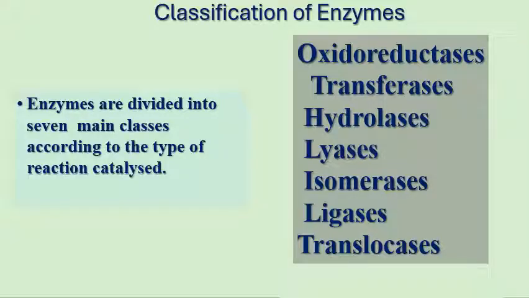But our focus, like I said, is not really on these ones. We are going to focus more on oxidoreductases and transferases. Why? Because we are looking at microbial applications of these, and that is where our focus is.